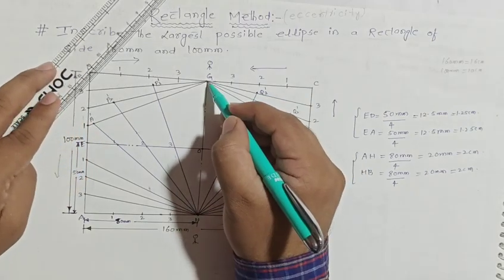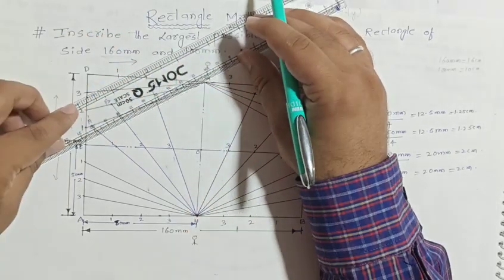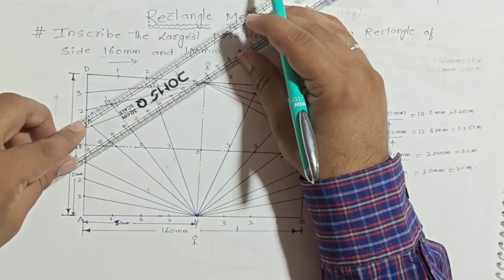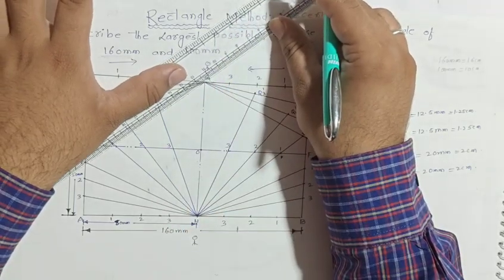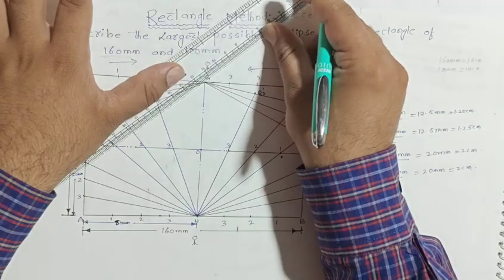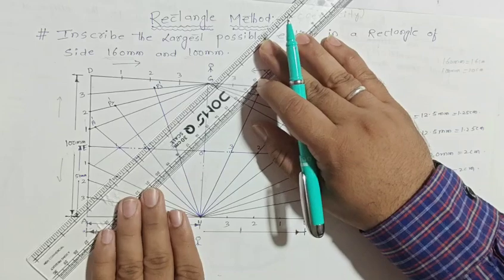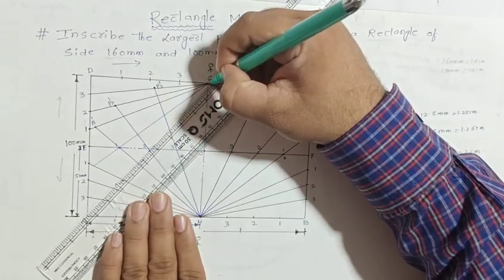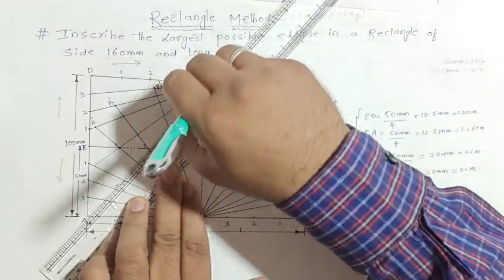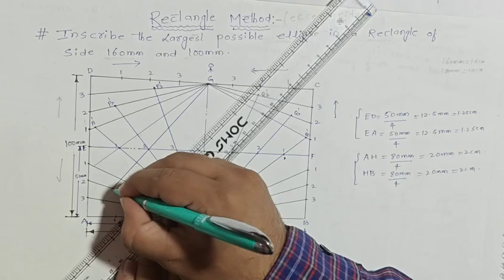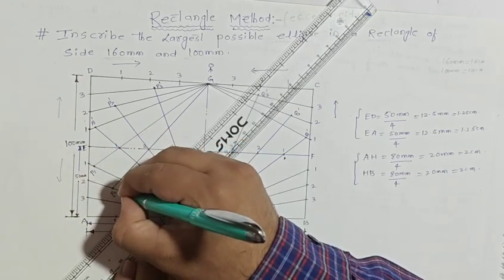Similarly, we need to pass the line from G21 to 1, G2 to 2, G3 to 3. Is it right? Same thing we have to continue from G1 to 1. Another one G2 to 2. This is the first point, so we can say P1, and this is the second point called P2.